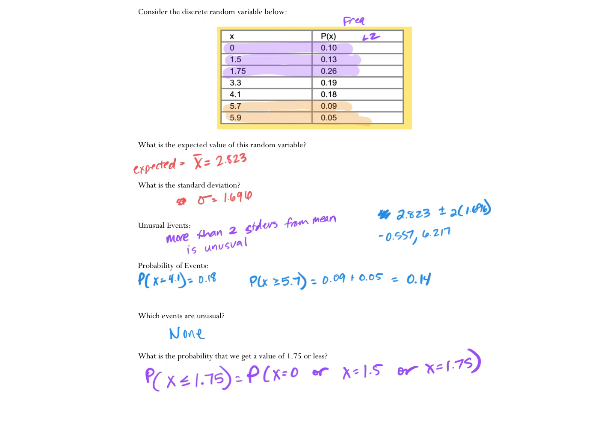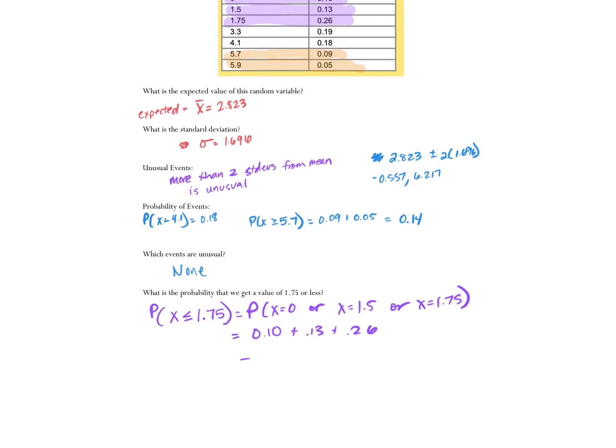Well, there's no overlap in these distributions because each row is a mutually exclusive event. Does that help to think of that as an or? Okay, so then that becomes 0.10 plus 0.13 plus 0.26, and I think that's 0.49.